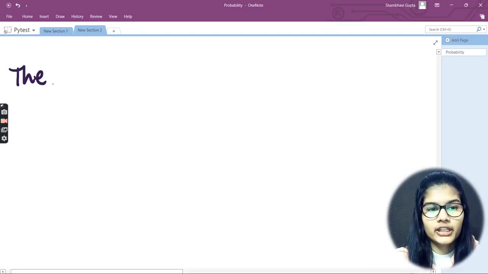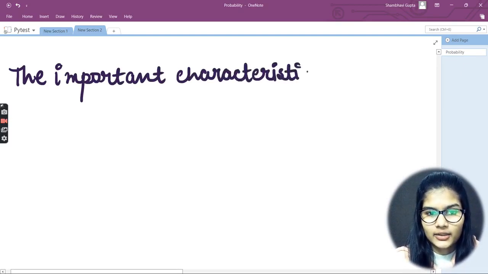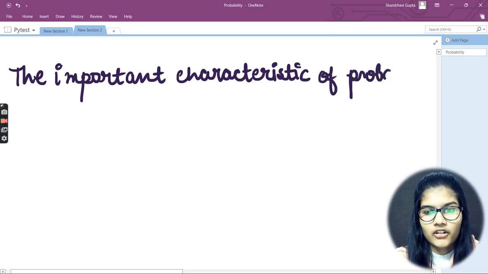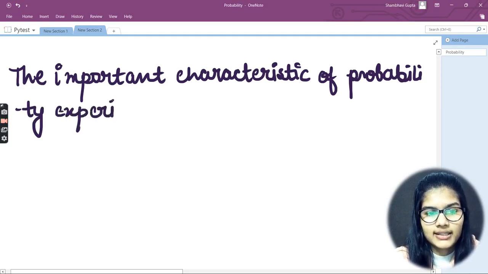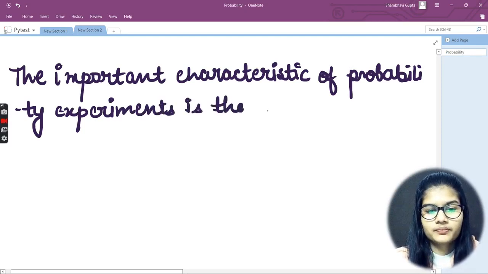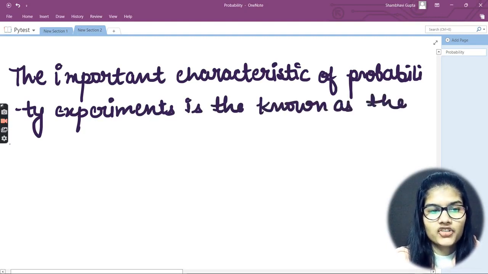So the important characteristic of probability experiments is known as the law of large numbers.